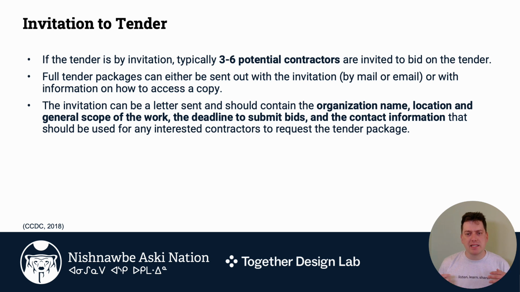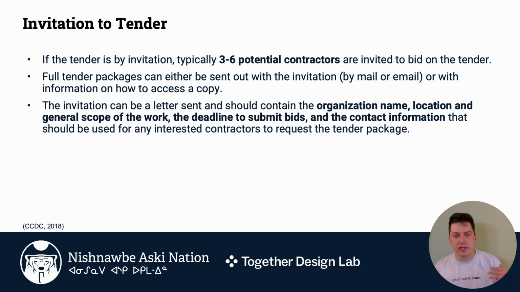Now, the process I've been describing so far on how to advertise a bid is really focused on open competitive bids. If you remember the different types of procurement strategies that I went over with you just a few modules ago, if when you were choosing your procurement strategy, you instead decided to go with an invitation, using that preferred list of bidders that you had, you don't have to go through any of that advertising process.